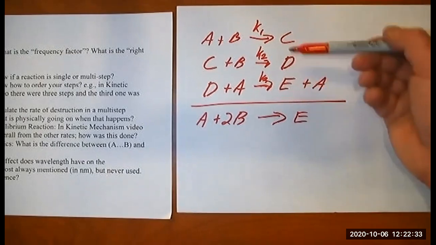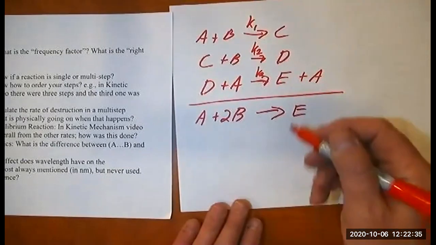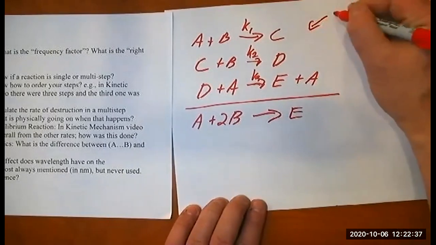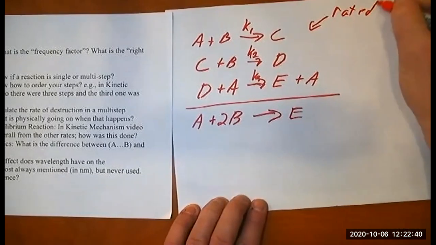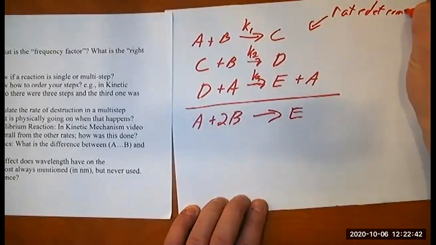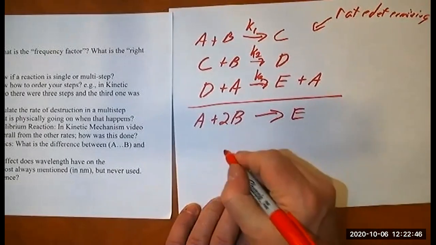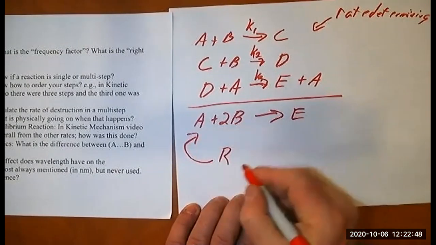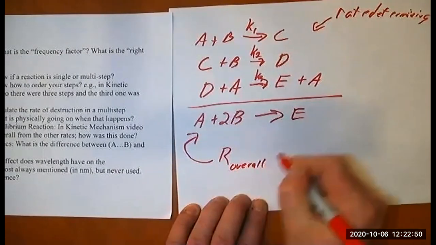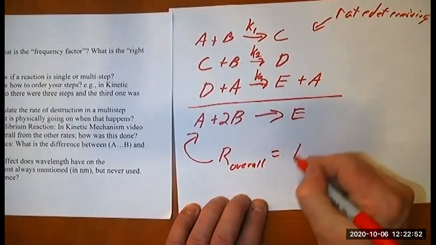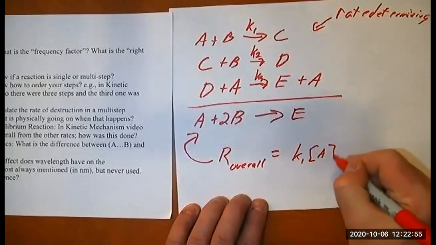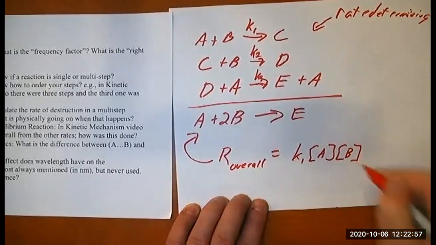And so those don't have any effect on the overall rate. And so in that case, if this is rate determining, then we can write the overall rate of the total reaction as K1, concentration of A, concentration of B.